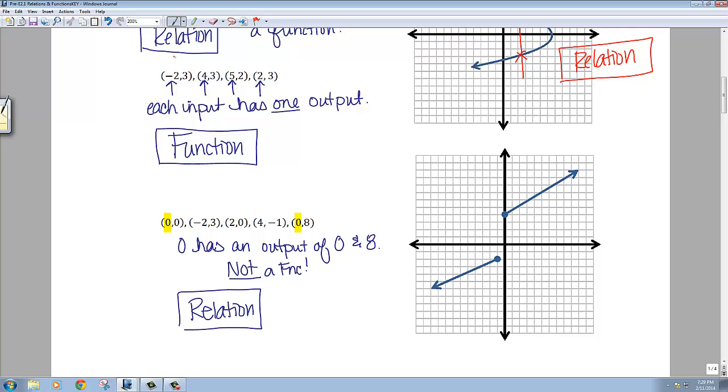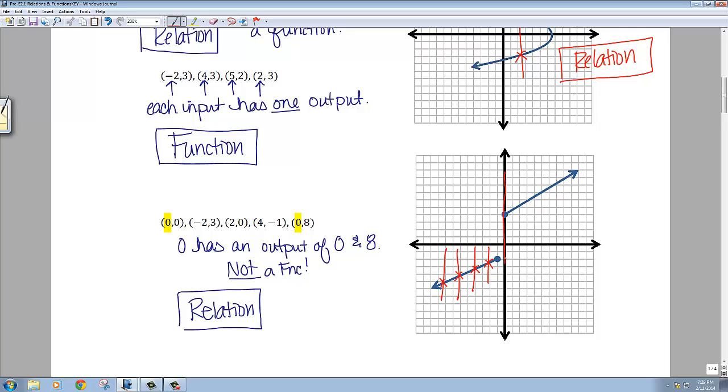All right, so on this next graph, we're looking to see if it is a function or relation. Because it's a picture, all we have to do is the vertical line test. Notice if I start drawing a vertical line anywhere over here, oh, that's not a vertical line. Let's pretend that's straight for a minute. Okay, if I start drawing vertical lines here, notice they're only crossing at one point. So that's good. And same thing over here.